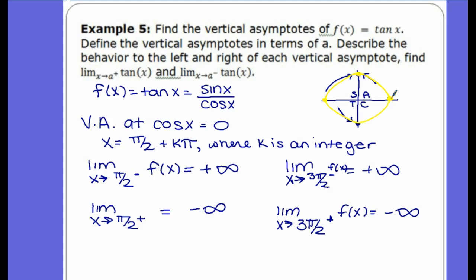If I asked you to plug in, it would be like pi halves minus 0.01. So pi halves is like 1.57. You'd be plugging in like 1.4. What makes it tricky is we can't analytically plug in 1.4. Our calculator could plug in 1.4, but we can't.